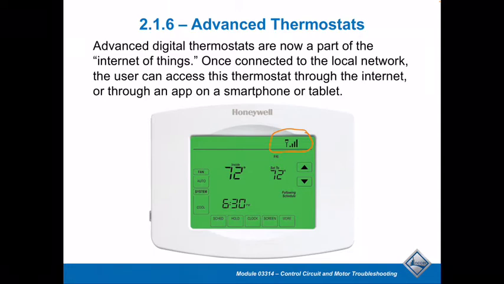There are so many features. In your textbook on page 18, they talk about quite a few of the advanced features that you get. One of them that I like is if I go into an application and I just want to set the heat up for a little bit. We have thermostats in our lab where we'll turn up the thermostat maybe 2 degrees, and it'll ask us, well, how long do you want that to go?